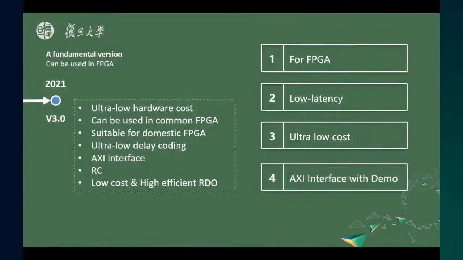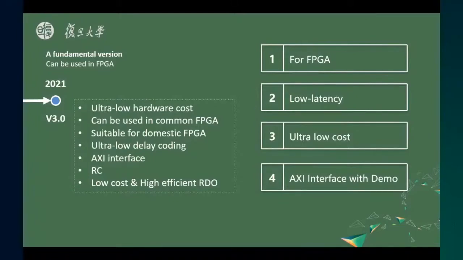And this year, we plan to release another fundamental version. We aim for it to be really usable in FPGA, especially low cost FPGA. Here, our target is, first, FPGA. Second is low latency, so it can be used in some real-time video processing systems.